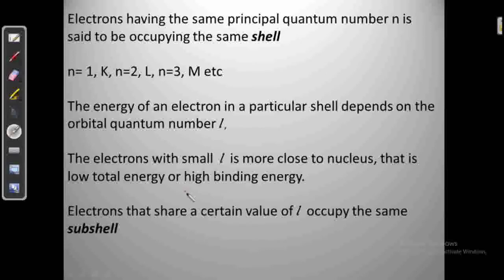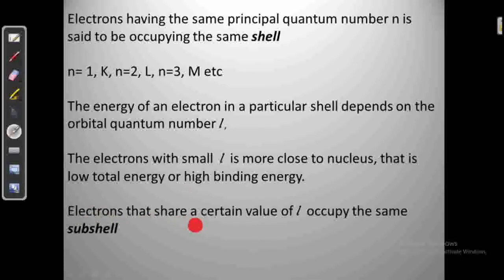Since these electrons are more bound to the nucleus, we have to give more energy to take the electron outside.